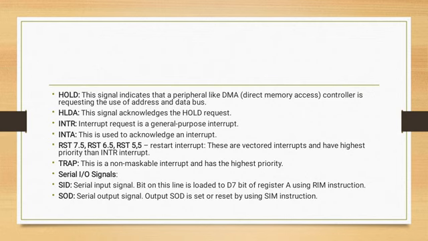The microprocessor suspends its normal sequence of instructions. After completing the instruction, it attends to the interrupting device. The INTR line is sampled in the last state of the last machine cycle of an instruction.